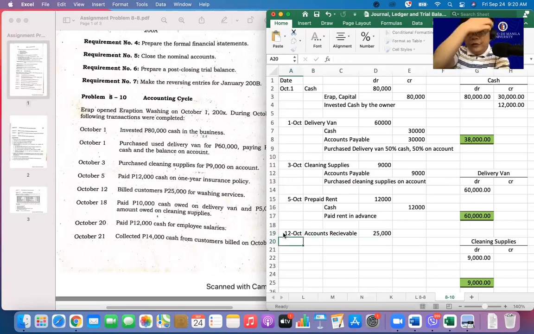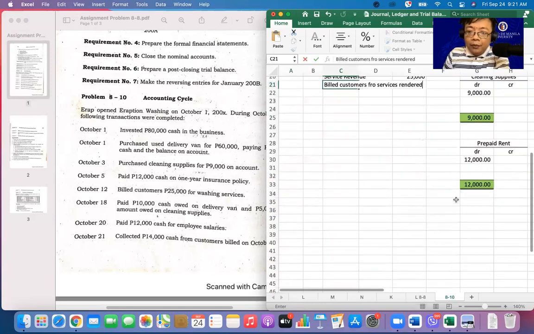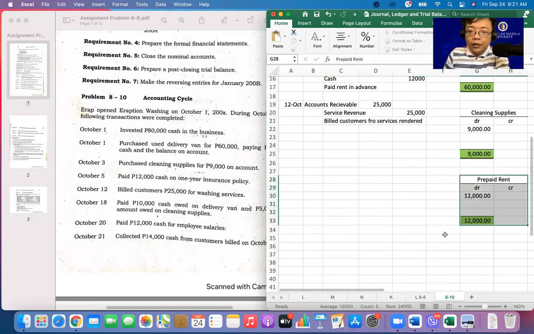And after that is, of course, your service revenue worth 25,000. Ito naman ay more on billed customers for services rendered. Wala pa tayong account receivable, no? Wala pa. So we will put accounts receivable here.